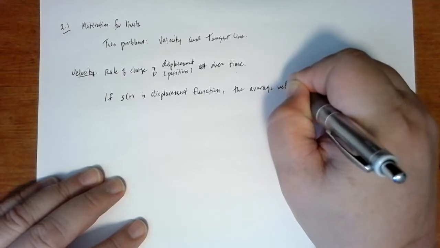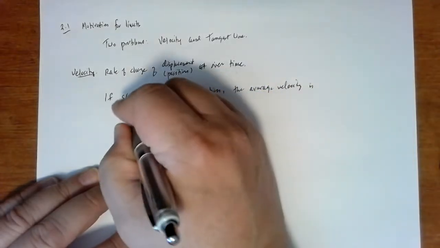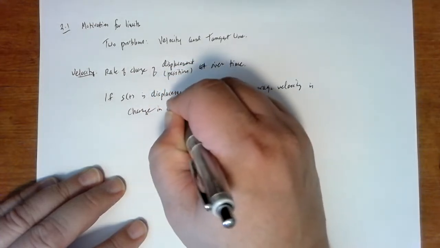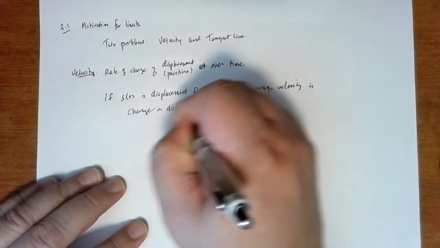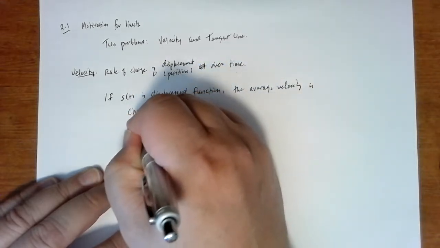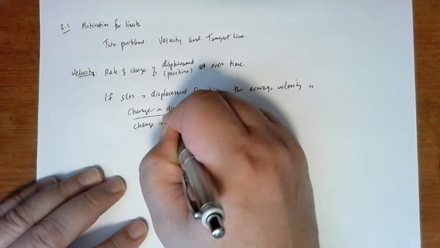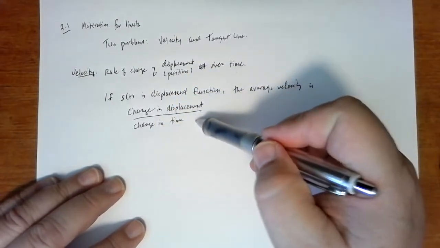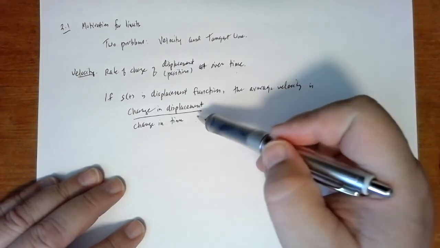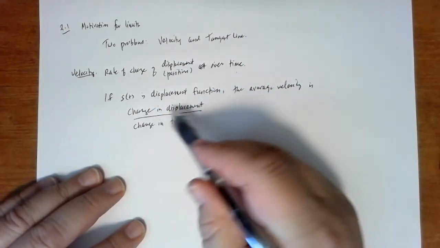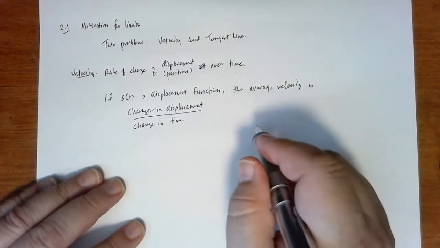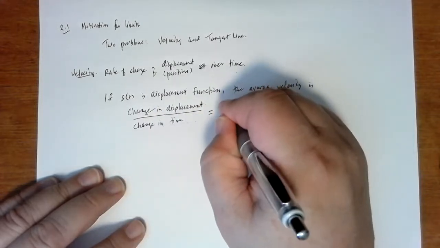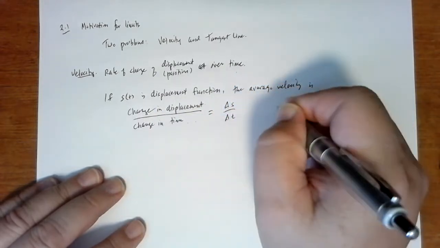The average velocity is the change in displacement divided by change in time. This is where we get our units, like miles per hour, kilometers per hour, or meters per second. So we're looking at change in displacement per change in time, and we can abbreviate that: if s of t is our function, we might call this the change in s over the change in t.